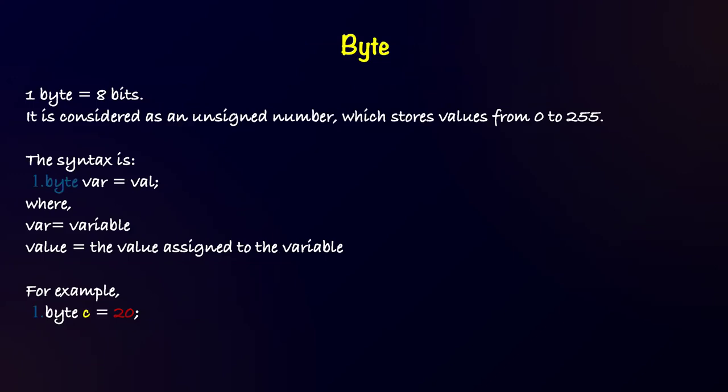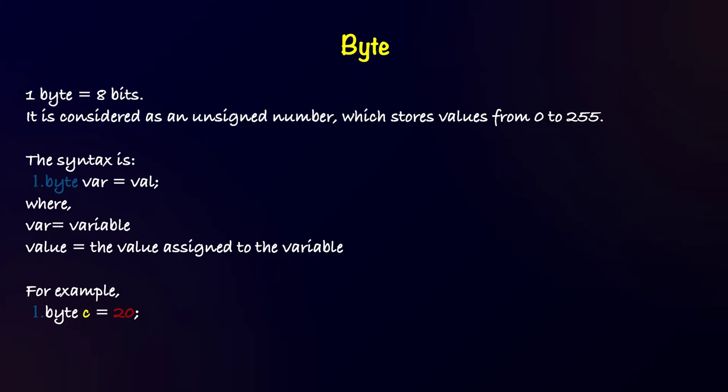Now, if anybody was confused about the byte, what is it? 1 byte is equal to 8 bits. You must know that actually, but still I'm saying it to you. No confusion should remain. It is considered an unsigned number which stores values from 0 to 255. What is the syntax? Byte var equal to val, same as everybody else.